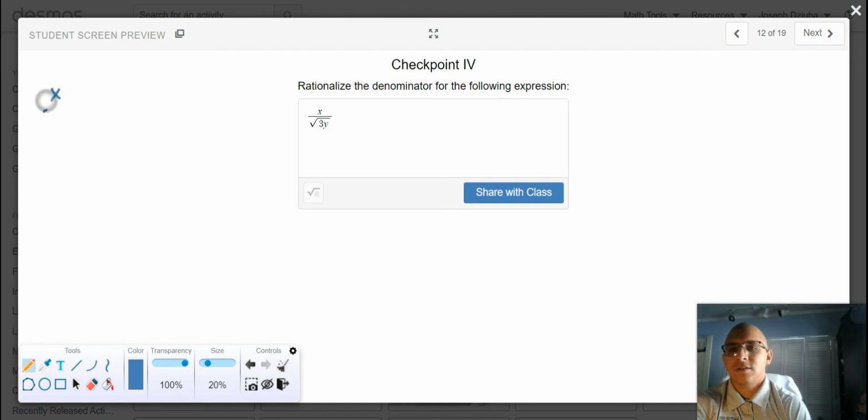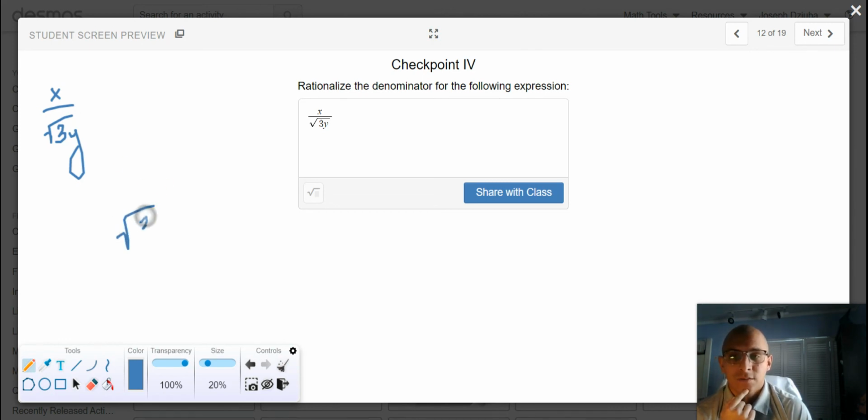We have x over the square root of 3y. Now, in order to eliminate a radical, we'd have to go back to those radical properties. Case in point, if we have something like the square root of 3 times the square root of 3, this will yield the square root of 9, which will give us a whole number.